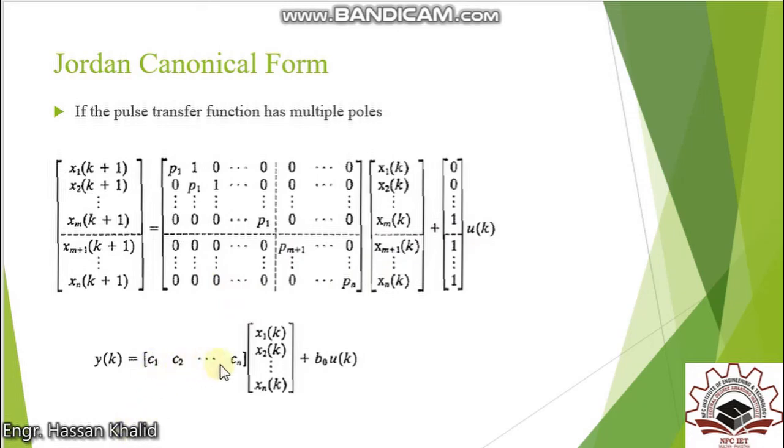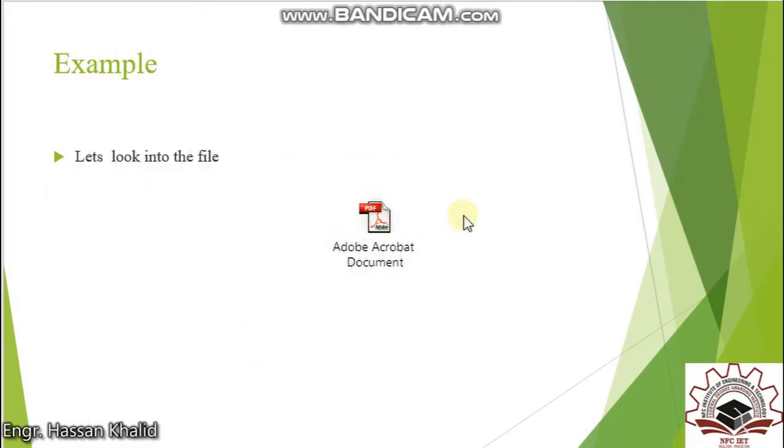However, C1 and C2 are the same as discussed in the previous case, just by replacing the impulse transfer function and resolving it into partial fractions, and the values of C1 and C2 will be the same as the values of A, B and C and so on. Now consider the example attached in this document.